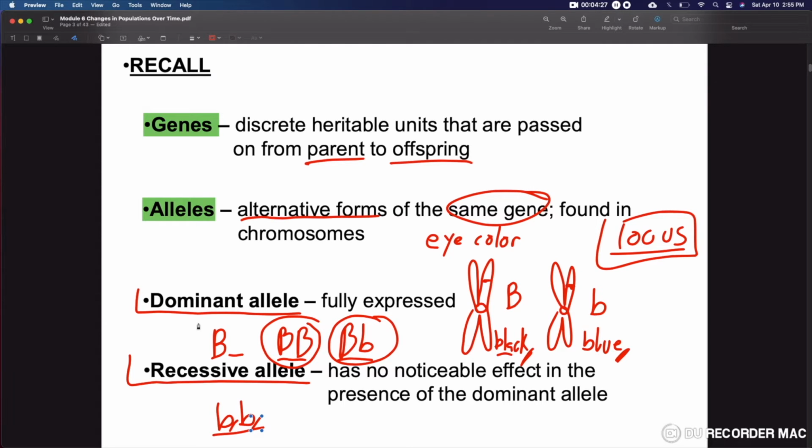Specifically in this heterozygous organism with a small b and big B, the alleles for black and for blue, you can see that just one copy of the dominant black allele can mask your recessive allele. So it seems like your recessive blue allele was not expressed in your heterozygous individual. So that's your dominant and recessive allele.